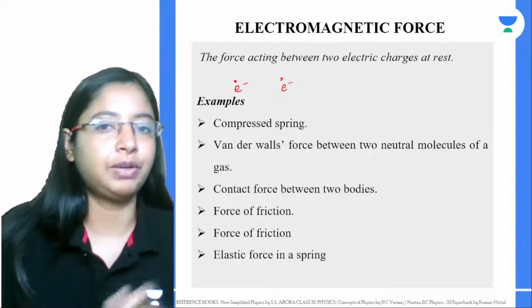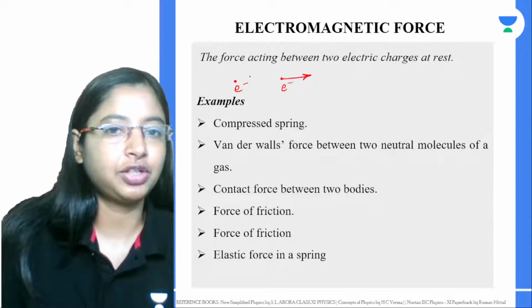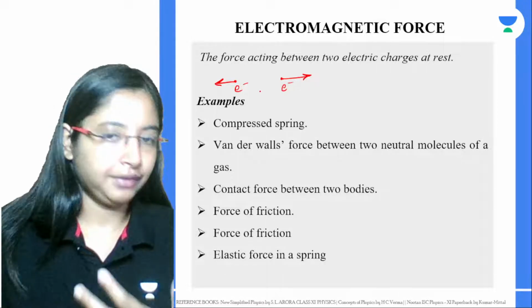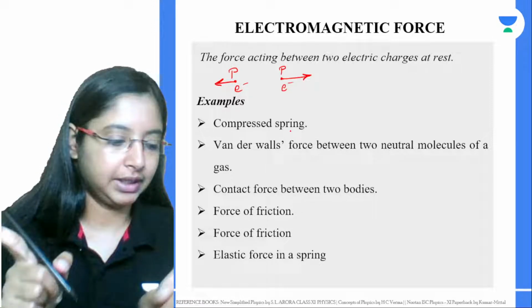Like charges will always repel. So this charge will exert a force on the other charge in this direction, and the other charge will exert a force on this electron in this direction. Similarly, if instead of electrons you have protons, they will also exert force in opposite directions.